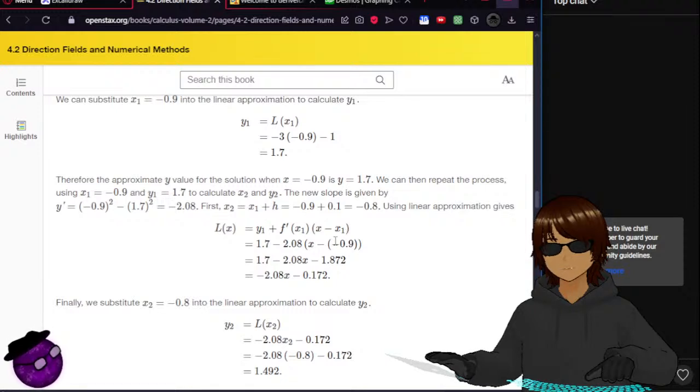This is 1, right? I mean, this is 0.1 times.